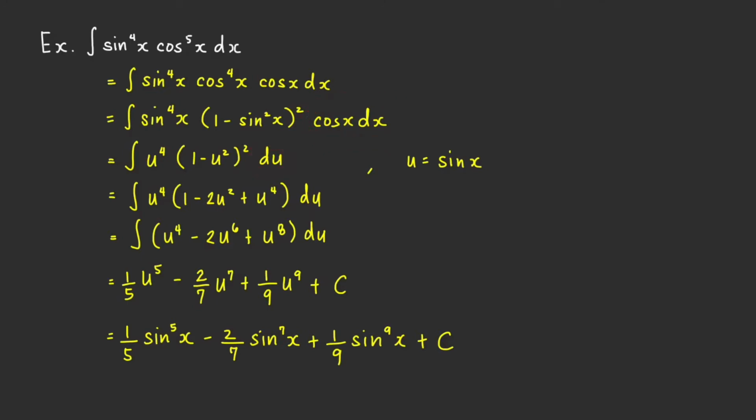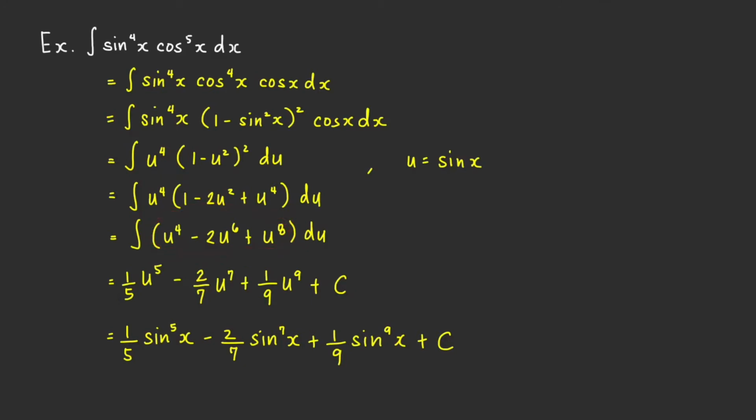Now, to evaluate this integral in terms of u, we're going to do some algebraic manipulation first. We do expansion, and then we distribute u raised to 4. Taking the product of these two polynomials, we'll get u raised to 4 minus 2u raised to 6 plus u raised to 8 du. This is just a polynomial, so it's very easy to integrate.